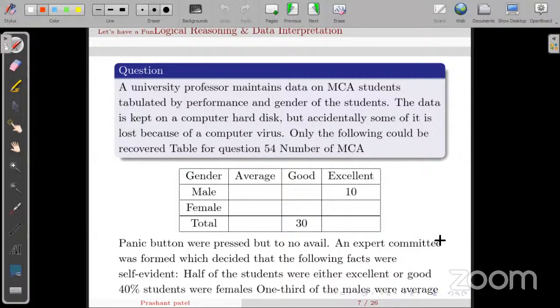Here, first of all, you should recognize the 3 facts they have given in this line.